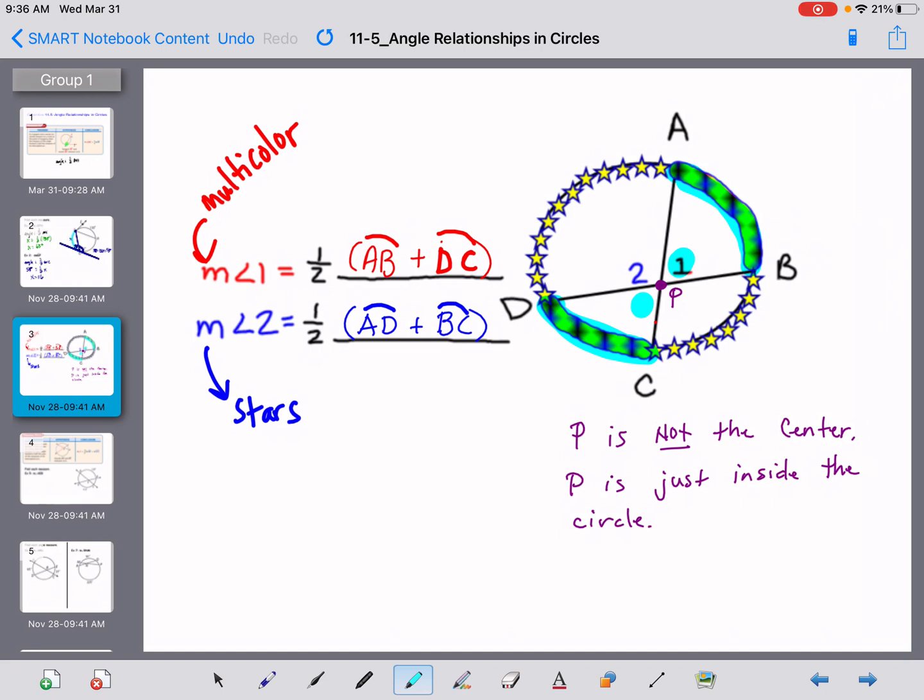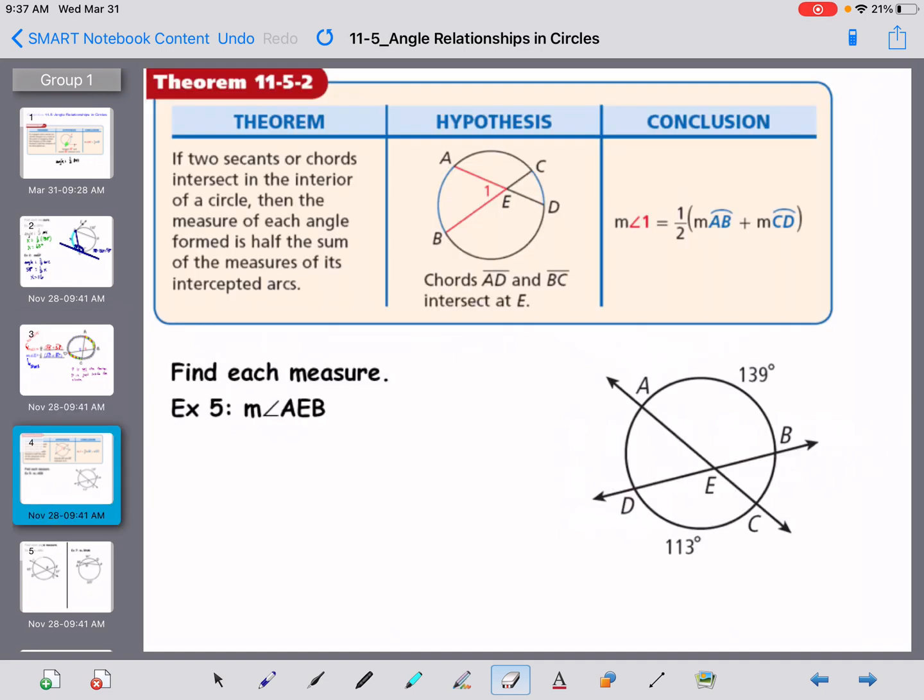So half of those two arcs added together will give us those angles right there in the middle when we're talking about angle 1. For angle 2, we would take half of the stars. So we would take half of AD plus BC. So we're going to add those two arcs together, and then we're going to take half.